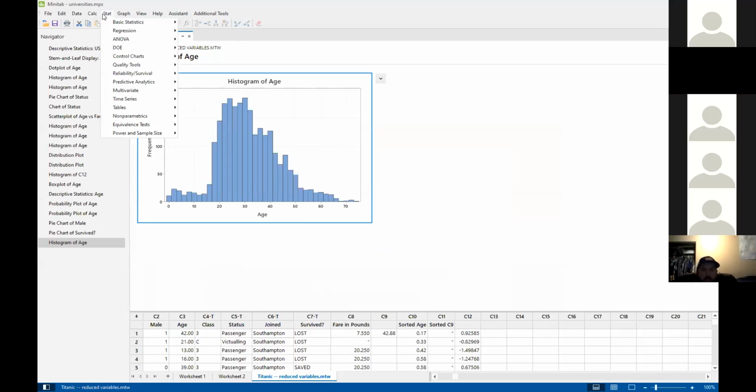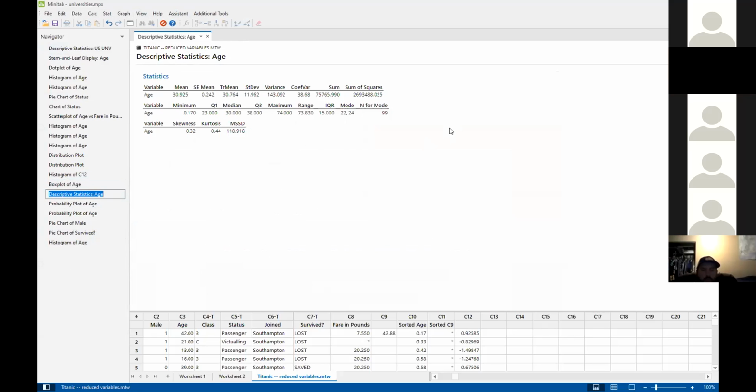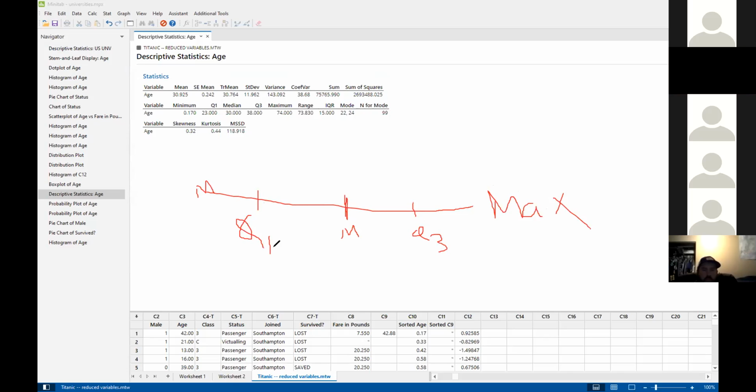For example, I go under Statistics, and here we have Descriptive Statistics. This is my data. The median is 50%. This is the minimum value and this is the maximum value. This is Q3. This is Q1.